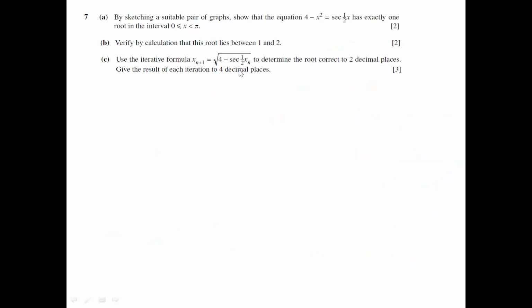We observe a change in sign. Let's put the value of x equal to 1 in the equations. Here, 4 minus 1 squared equals 3. And sec half x equals 1 over cos half, which we calculated earlier as 1.14.